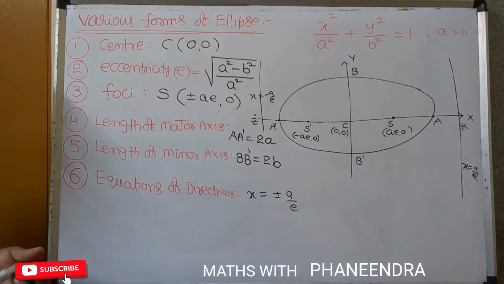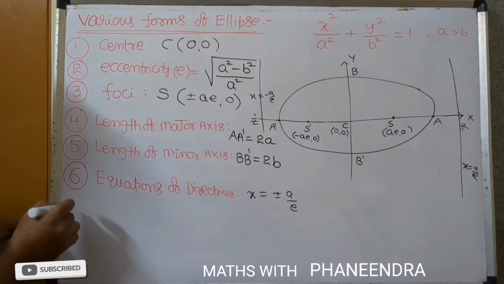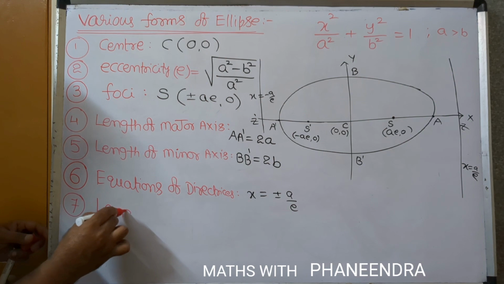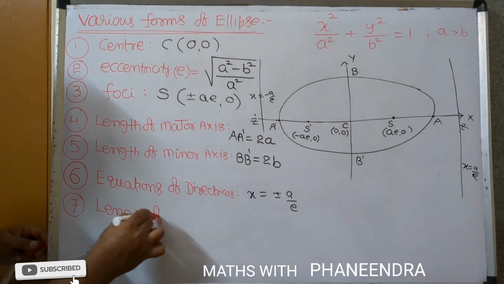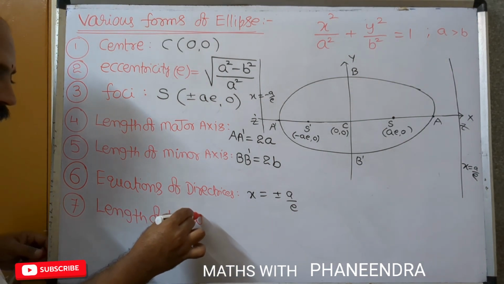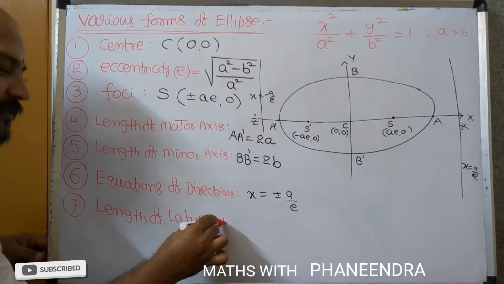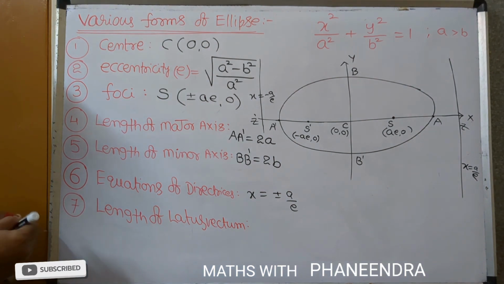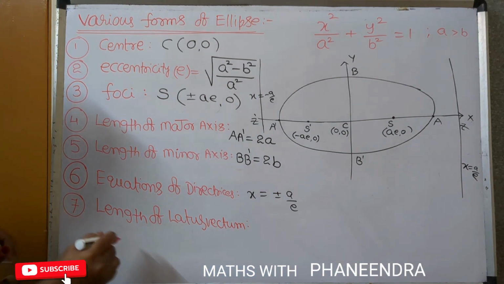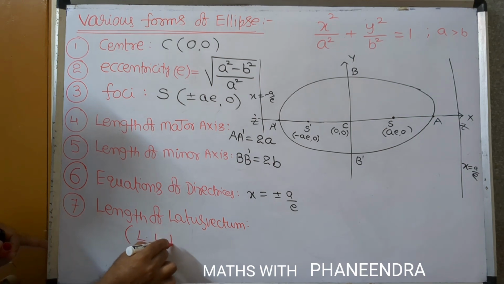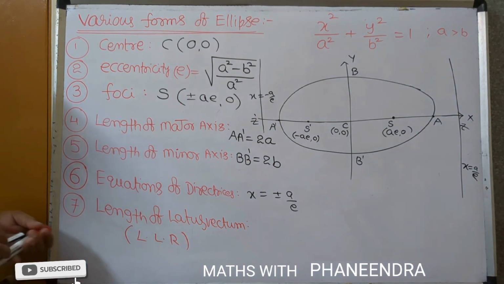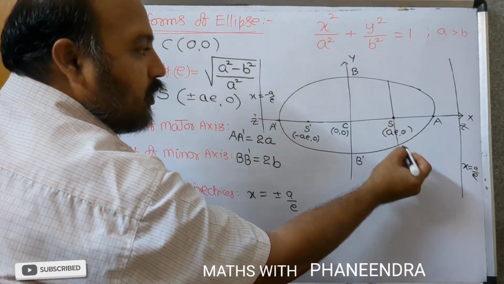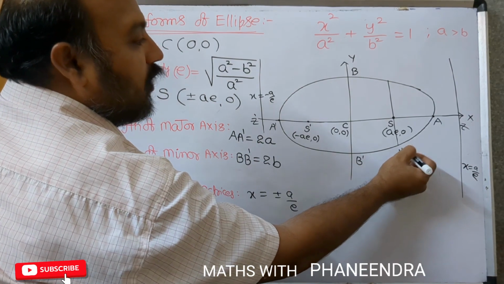Here I forgot one more thing: the length of the latus rectum is very important. It is simply written as LLR, length of latus rectum. The length of the latus rectum is from here to here, passing through the focus, L dash.